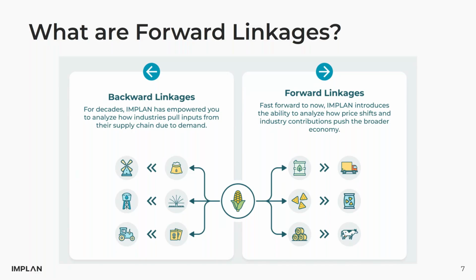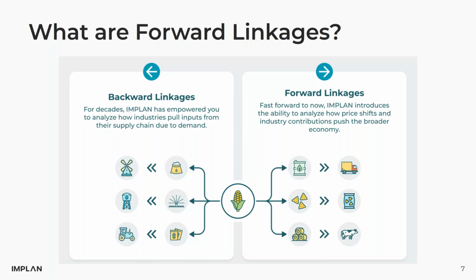Can we do both backward linkage and forward linkage analysis at the same time for an event? If so, any potential for a double counting problem? So the short answer is not yet. At this point, the forward linkages are just in the guides, so you will not be able to add a forward and a backward linkage at the same time.